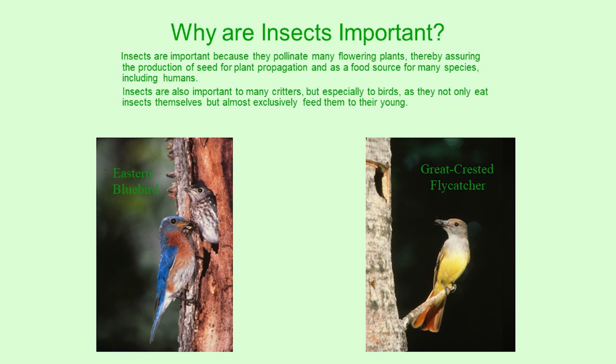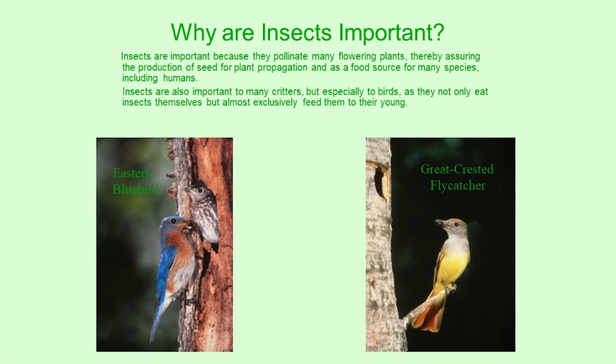Birds not only eat the insects themselves, but also exclusively feed them to their young. So insects are very important to all of us, the birds, all the other critters, and humans. Many of our fruit trees are insect pollinated, so without the insect pollinating of fruit trees, we might not have apples and cherries and peaches.